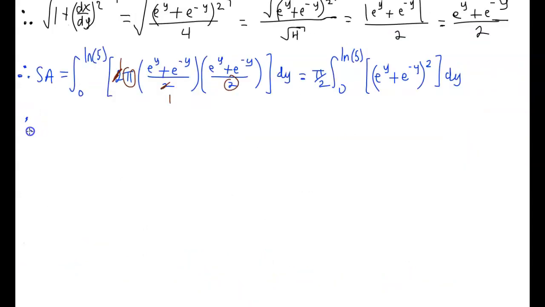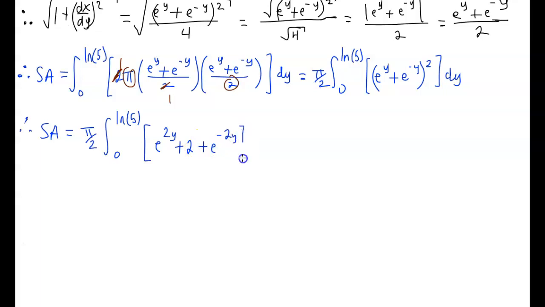All right, so therefore we will say our surface area is going to be pi over 2, integral from 0 to natural log of 5, and here this will be e raised to the 2y plus 2 plus e raised to the minus 2y, all that dy. And so now from here, it's relatively easy for us to take the antiderivative of all three of these terms here. So we'll just say this is pi over 2.